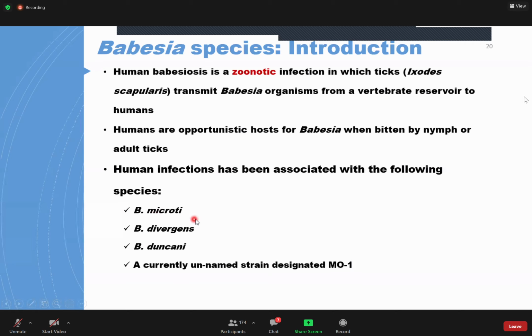So you have Babesia microti, which is common in the US. Babesia divergens is common in European countries. Babesia duncani, and recently, according to the CDC, there is a new strain that is yet to be given a name. It is designated as MO1.